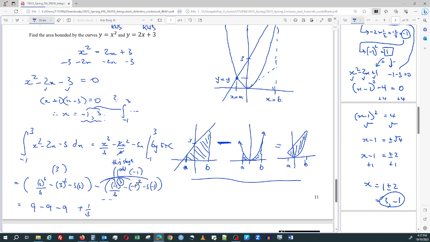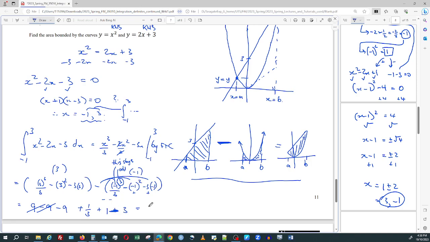The square becomes a positive, but it's minus by this, but it's minus, so it's plus. And this one here is minus times a minus, which is a plus. So it's plus 3, but it's times a minus, so it's, nearly got me, minus 3. Let's see what we can do. We've got a plus 9 and a minus 9. We've got minus 9 minus 9 minus 3 is minus 12.